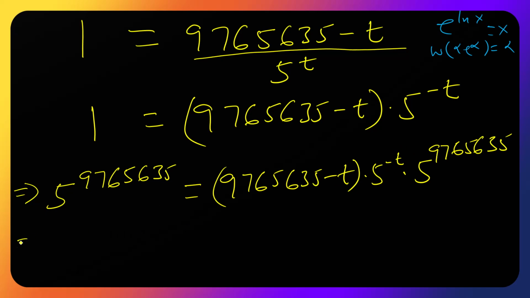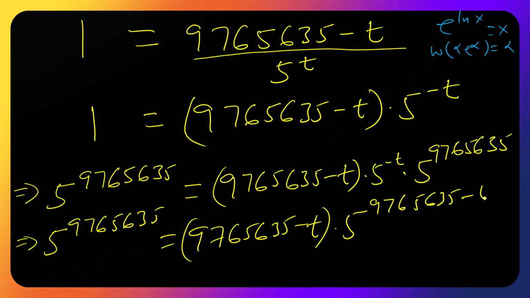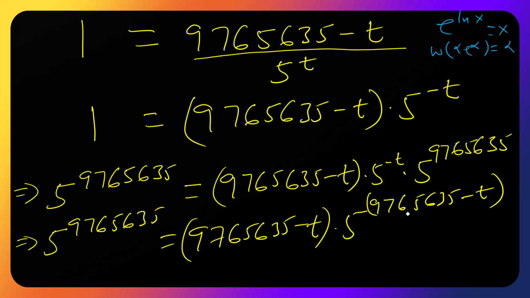So my left hand side will be 9765635 minus t times 5 to the power 9765635 minus t. So we have this. Okay, so it means what is here and what is there are the same.